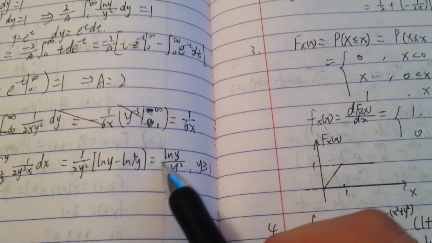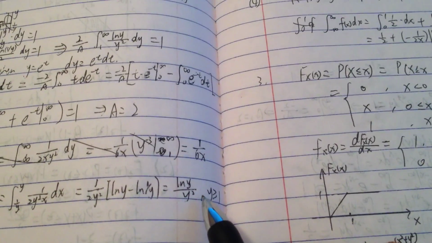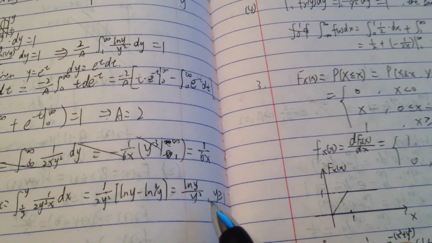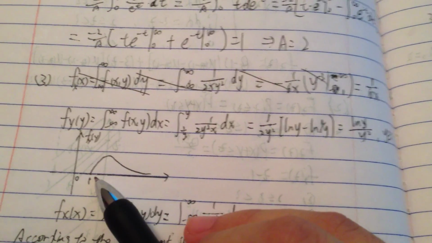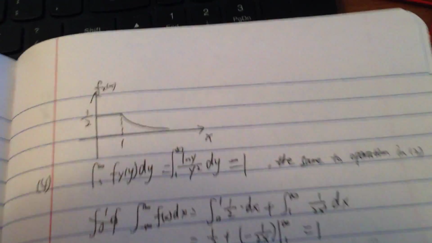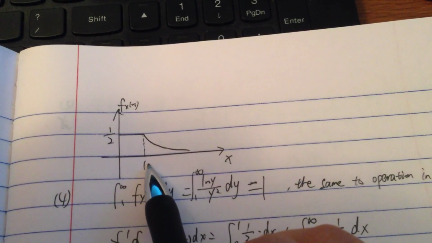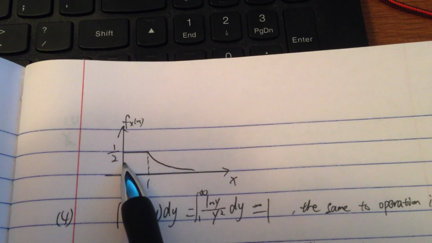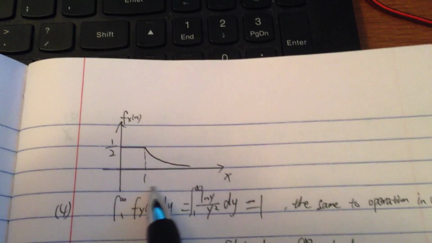And the answer would be ln of y over y squared. And obviously, for y less than 1, it equals 0. So we can plot it on the graph. It's like this. And this is also equal to plot. When x is between 0 and 1, it equals 1/2. And when x is greater than 1, it equals 1 over 2 times x squared.